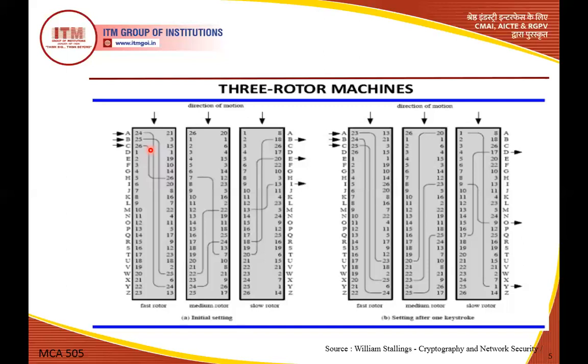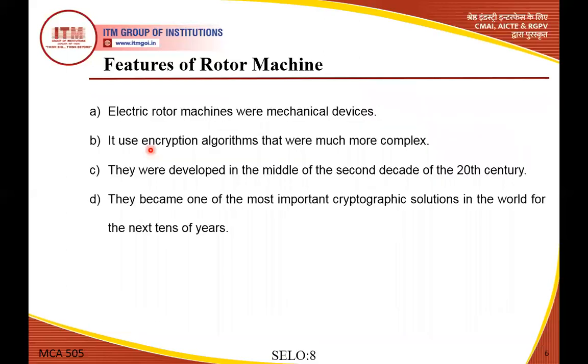Now, this is the principle on which the rotor machine works. Now, come to the features, or we can say the advantages, of the rotor machine. A rotor machine is basically a mechanical device, as I told you, in which cylinders work, and they send the data or information in the form of electric pulses. In a rotor machine, the encryption algorithm is very complex, because we are using so many cylinders for creating a ciphertext.